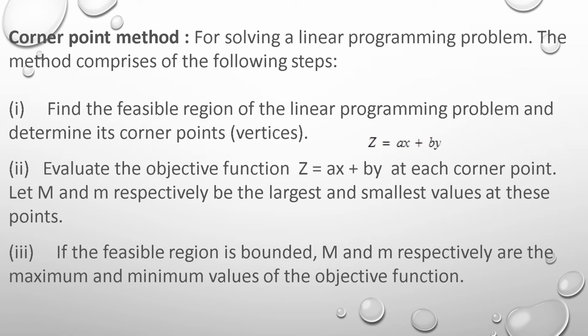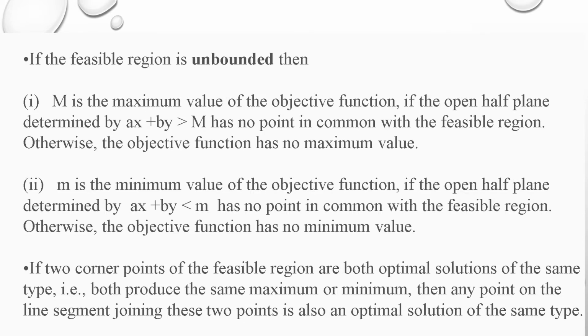Let capital M and small m respectively be the largest and smallest values at these points. Number 3, if the feasible region is bounded, we know in this case both maximum and minimum values will occur. So M and m respectively are the maximum and minimum values of the objective function.